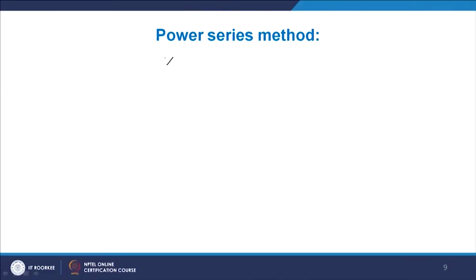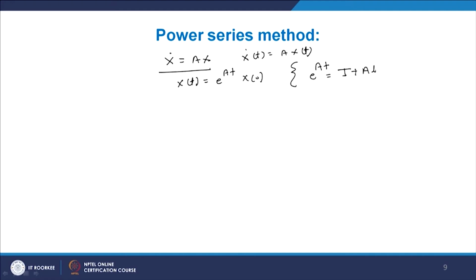So here we start with x dot equals Ax, or this we can write as x dot of t equals A into x of t, and here the state equation x of t equals e raised to at into x naught, and here e raised to at is equal to I plus A into t plus A square t square by factorial 2 plus A cube t cube by factorial 3 and so on. This is the power series method.